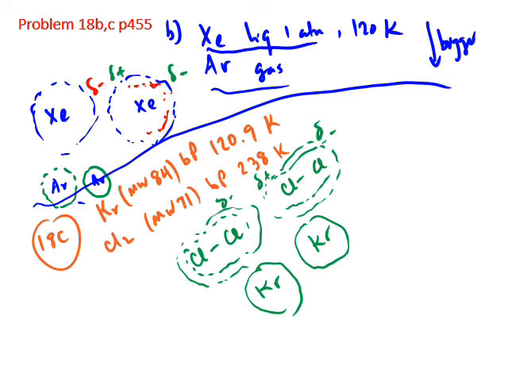For that reason, the interaction between chlorine molecules would be stronger, and that's why you need to heat it to a higher temperature to break those interactions and send liquid Cl2 to the vapor phase. In other words, the boiling temperature is going to be higher for Cl2 than for krypton.